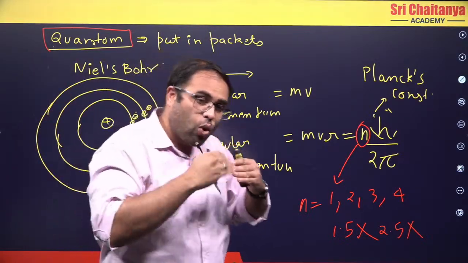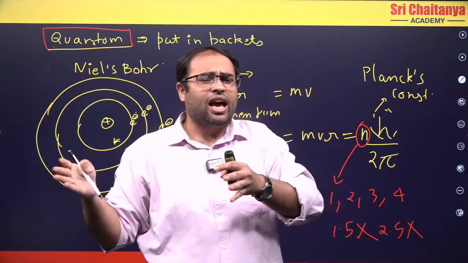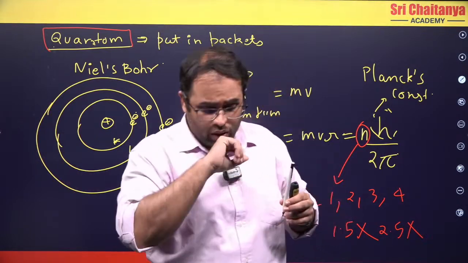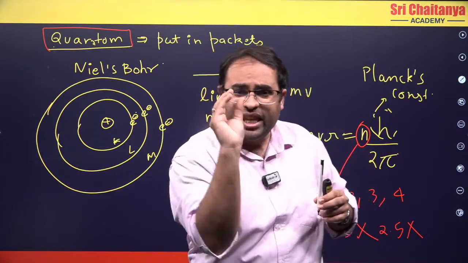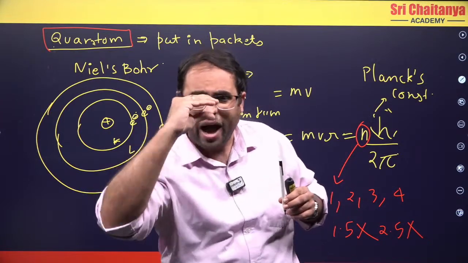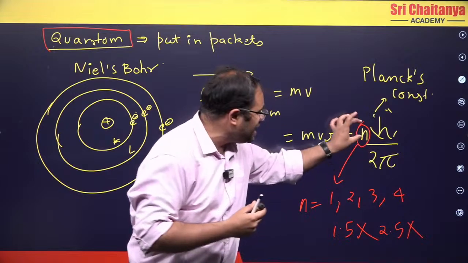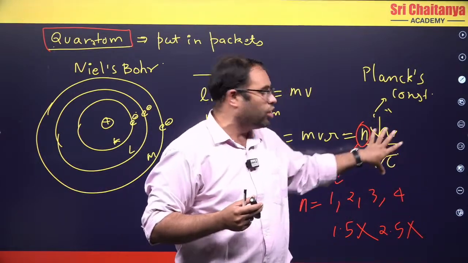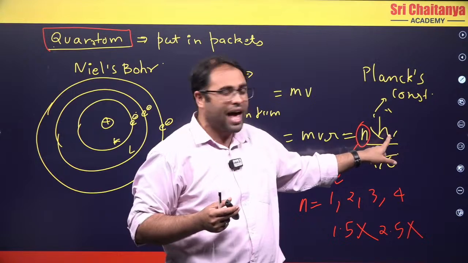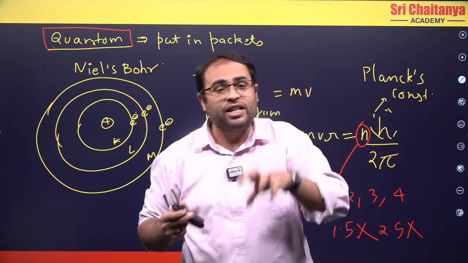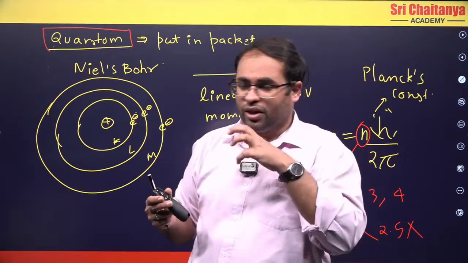This quantum can mean anything: angular momentum, energy. Whenever you see these properties in packets, you see a whole number, and besides that, constants: pi is a constant, h is Planck's constant, 2 is a constant. So this is called the principle of quantization, right?